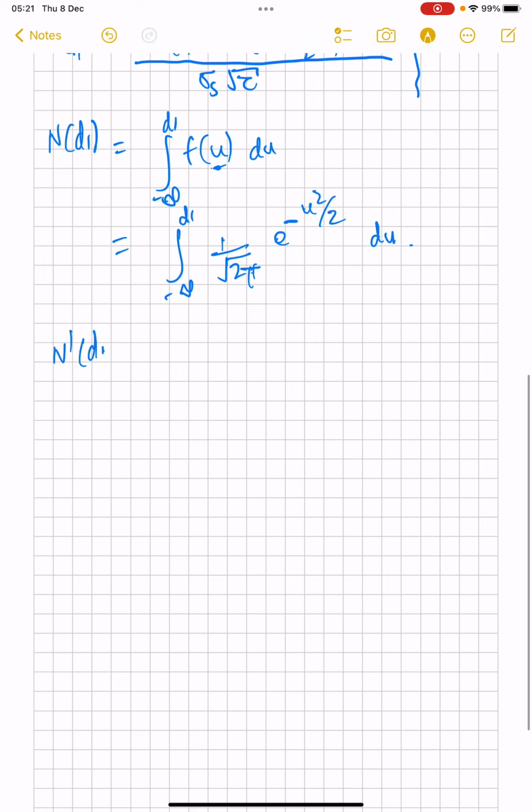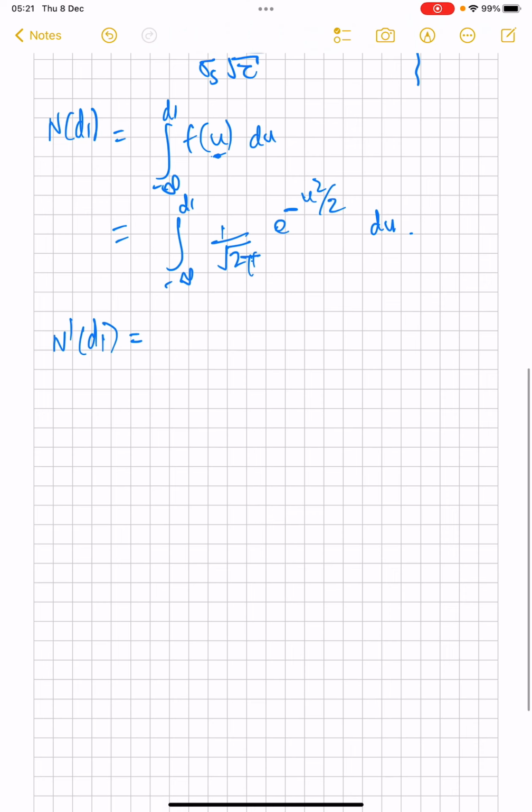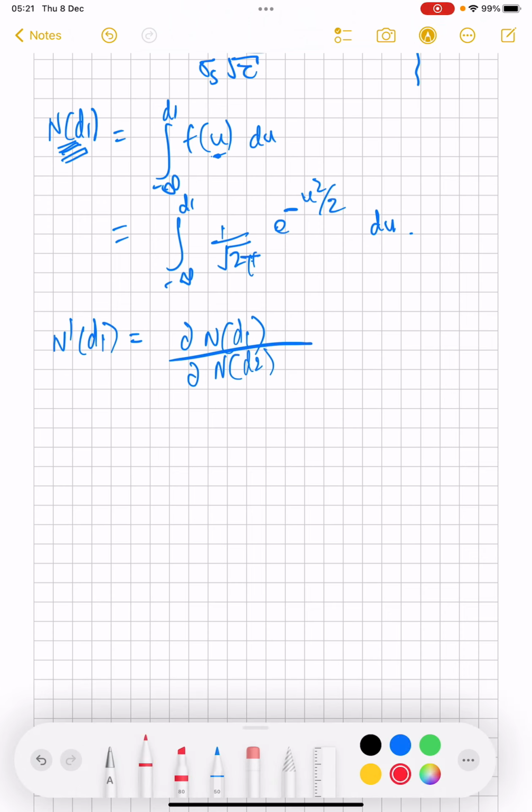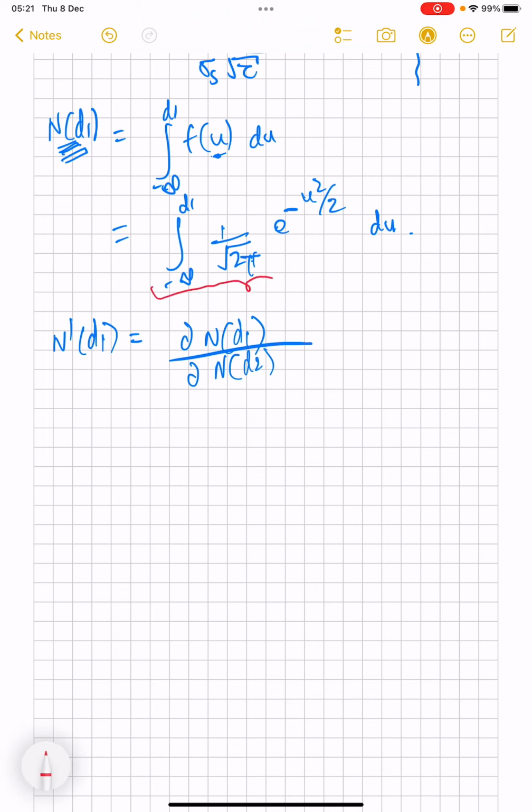The first derivative of d1 is given as this. And since I want the first derivative of this normal distribution here, which is denoted by the equation in the curly bracket, you just remove the integral.